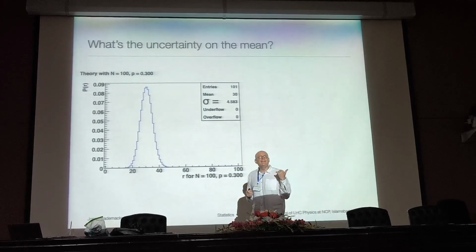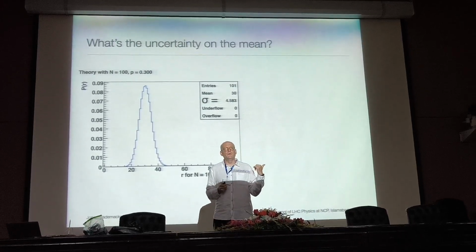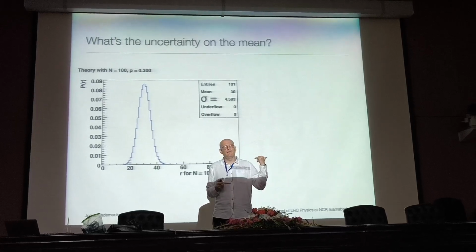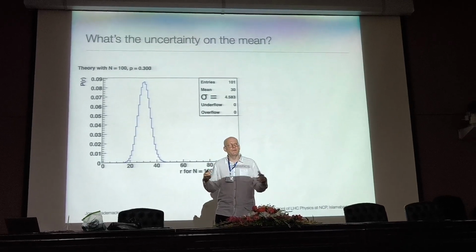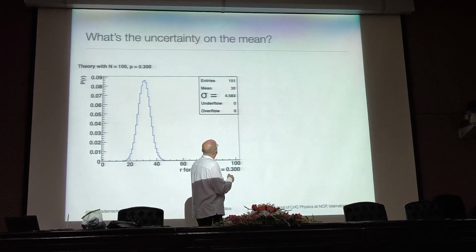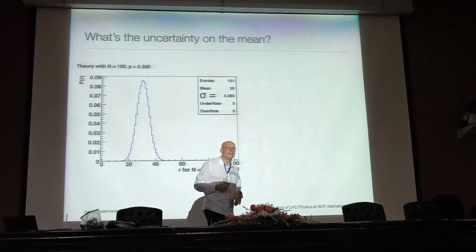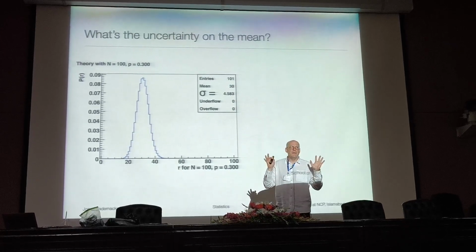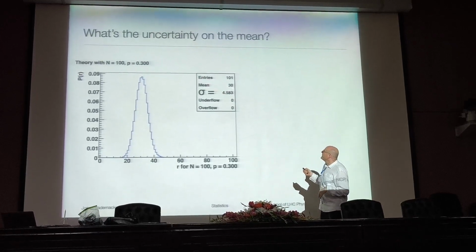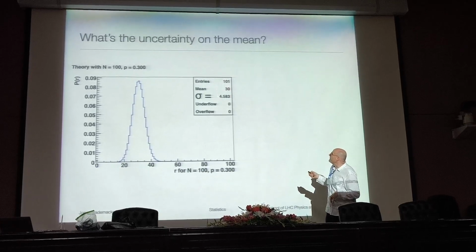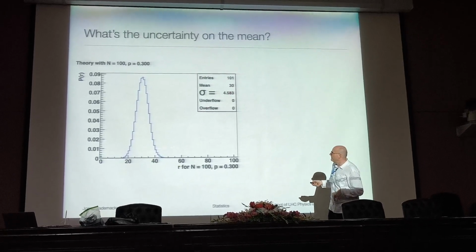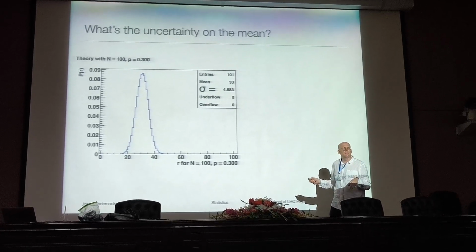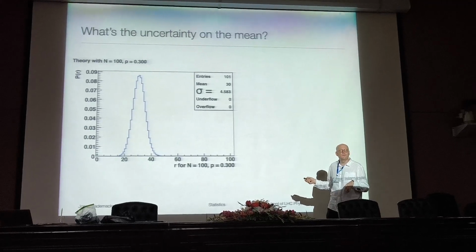Now, in order to get my best estimate of the value I want to measure, I take the mean. I take the average of my 101 measurements, and that is my 30. So that's my best guess for the true mean. And that thing has an uncertainty, and that uncertainty is not 4.6. 4.6 is the uncertainty on the individual measurement, and the width of this distribution.